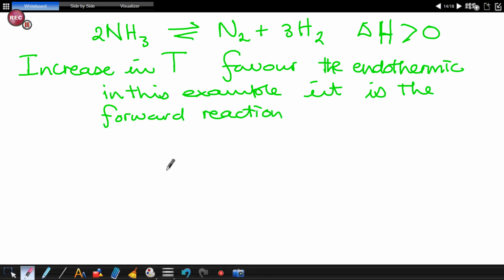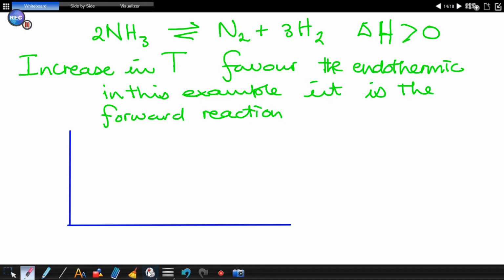So if we look at the forward reaction being favored, the forward reaction here only considers decomposition of ammonia.